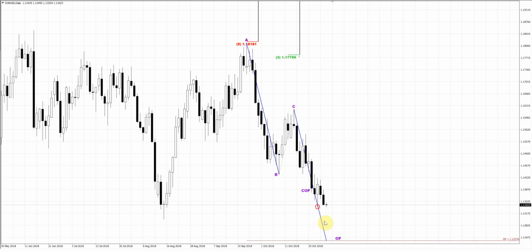Our next destination point after the OP will be 108, the yearly pivot support 1 on the euro. That's approximately what we'll be watching for.